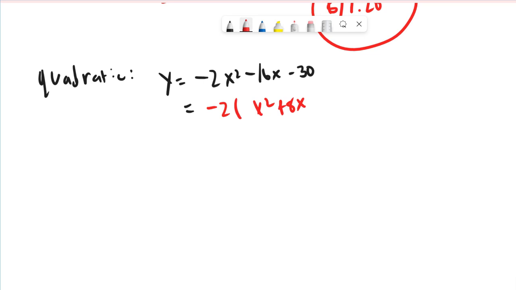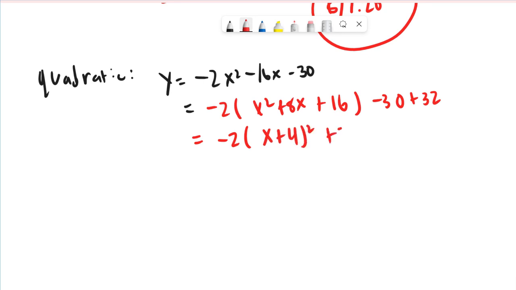You take half of 8, which is 4, and you square it, which is 16. But you have minus 30, and then you have plus 32. So in this case, this is going to be negative 2 times x plus 4 to the second power, and that's going to be plus 2.